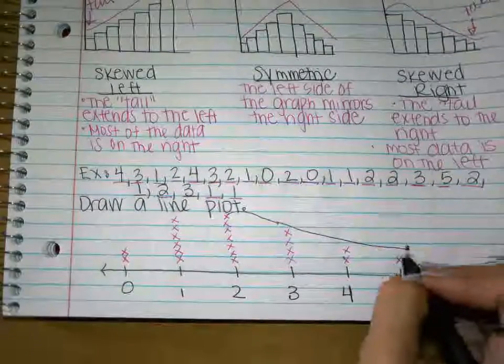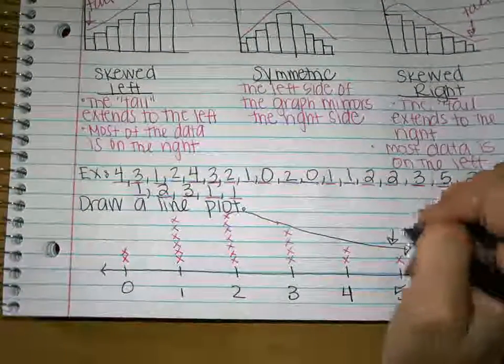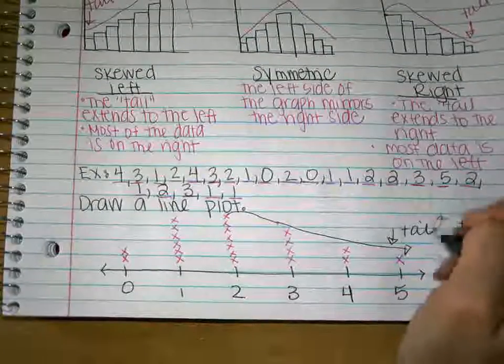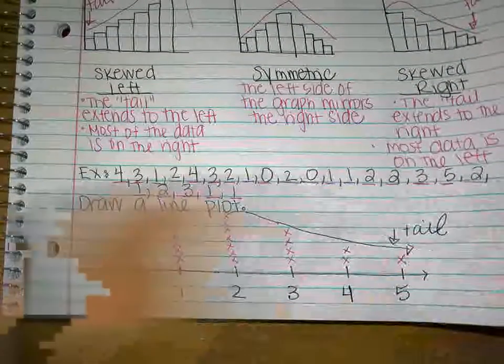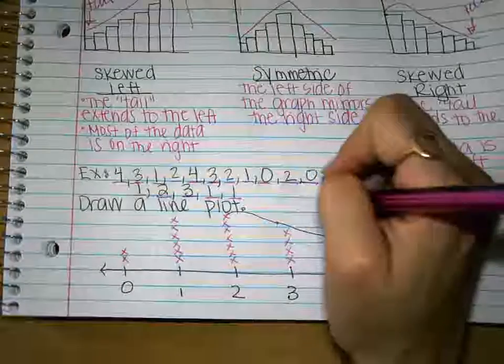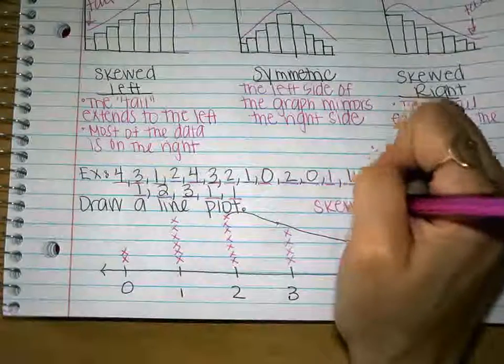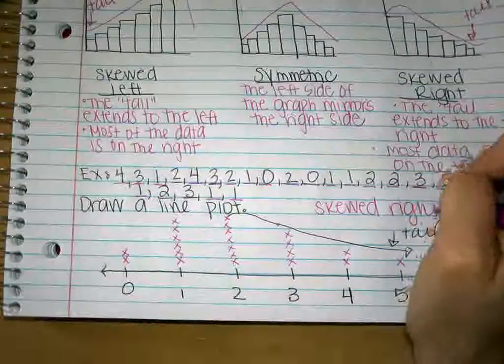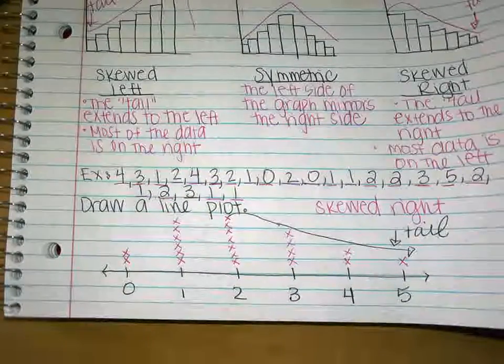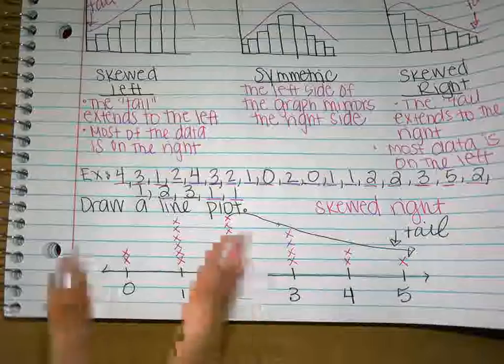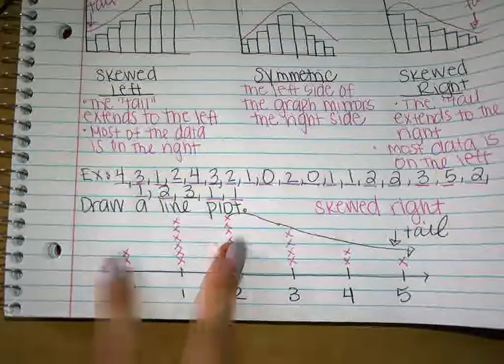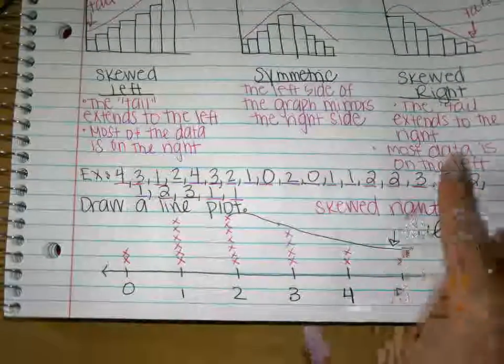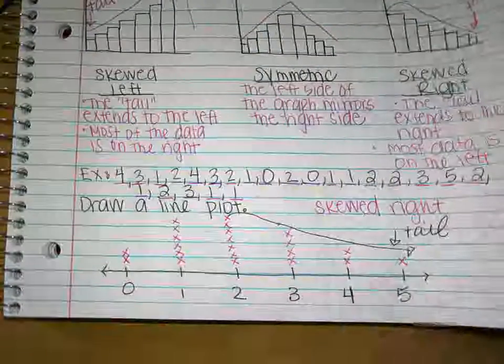So right here is my tail, which means my answer in this case is skewed right. Most of my data is on the left, my tail is on the right, therefore it is skewed right.